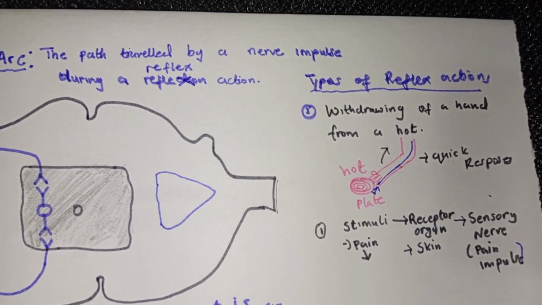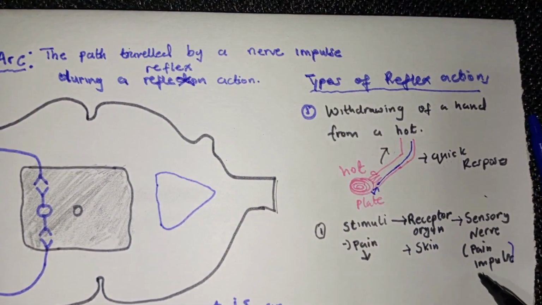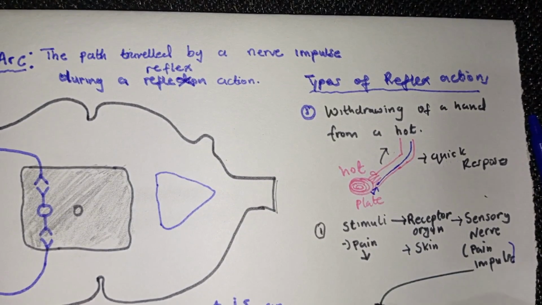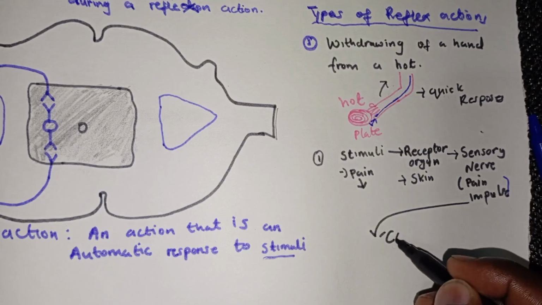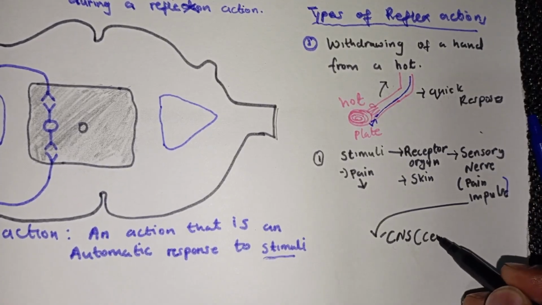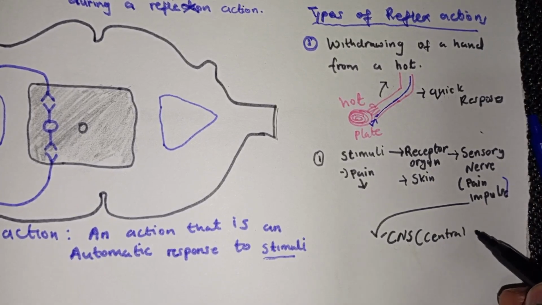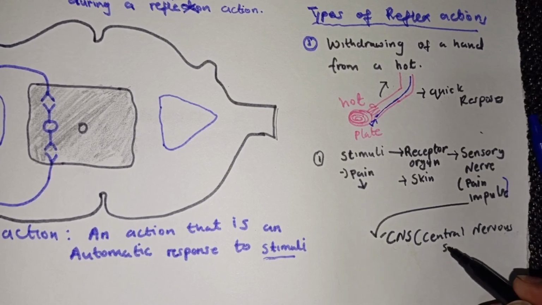Then from the sensory nerve, this information will go to the CNS, the central nervous system.